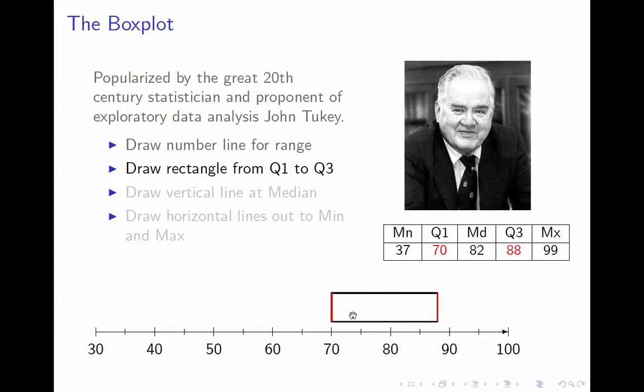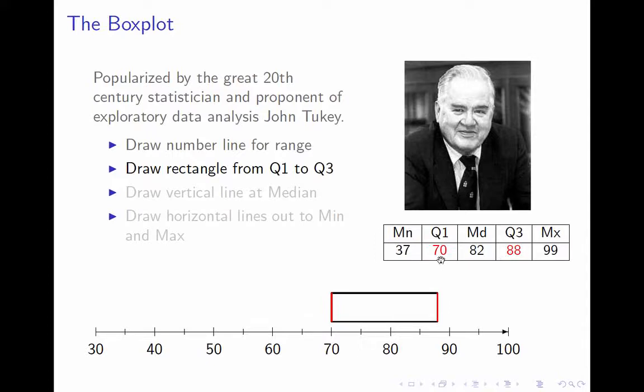So these red lines here at 70 and at 88 are the first and third quartile, and we connect those lines to make a rectangle. Right? As always, the x-axis is values of the variable. So 70 and 88 are values of the variable.